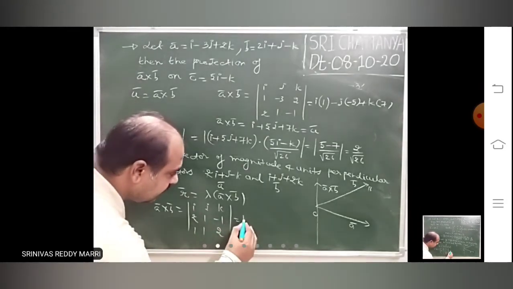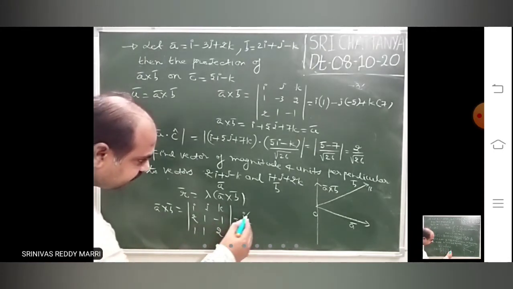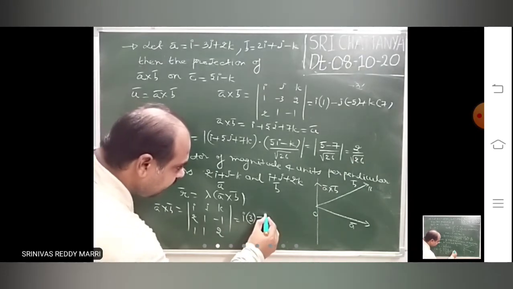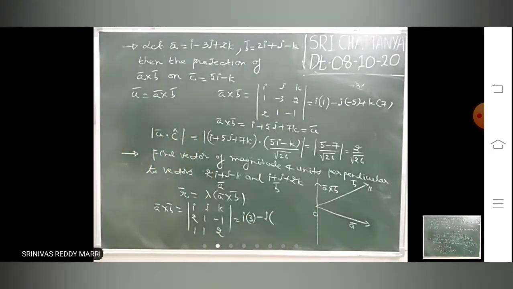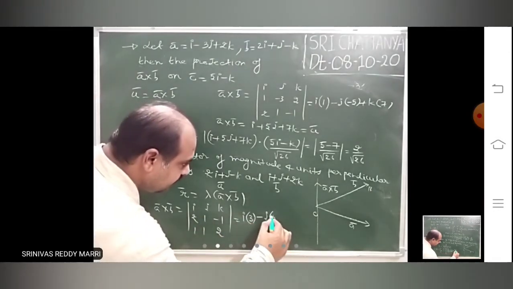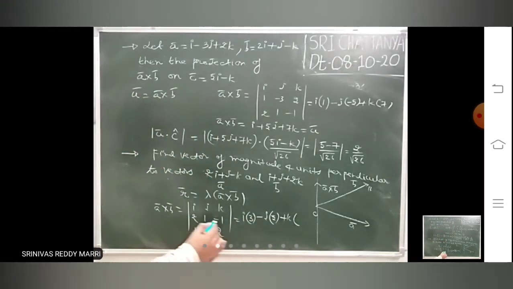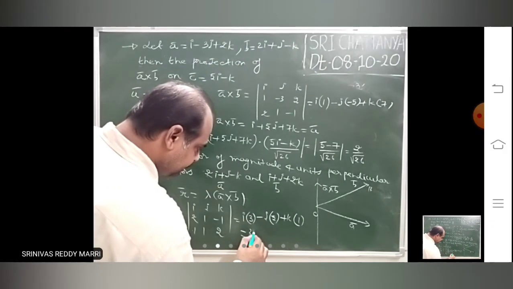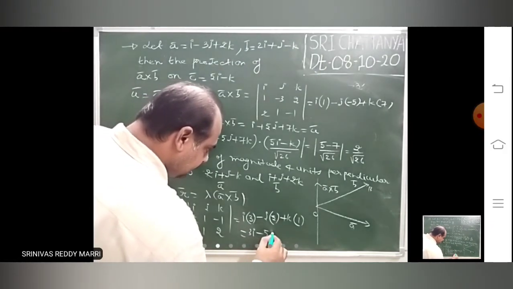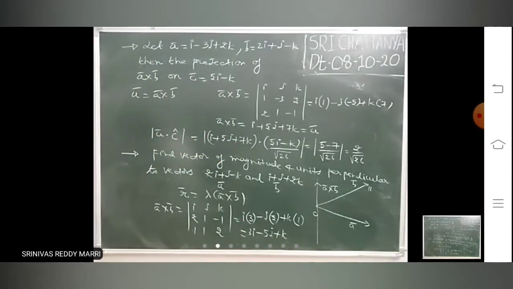That means you will get i into, close this, close this, 2 plus 1, 3, minus j into, close this, 4 minus of minus 1, 5, plus k into 2 minus 1, 1. That means this is nothing but 3i minus 5j plus k.